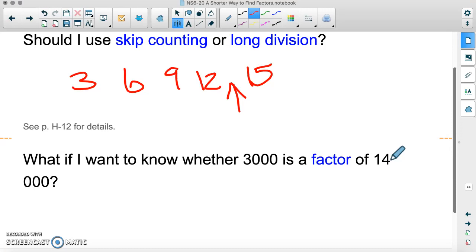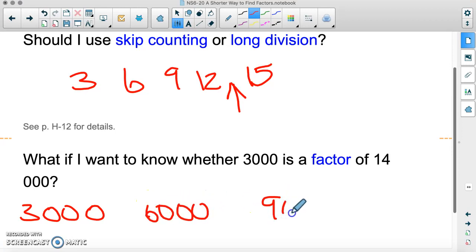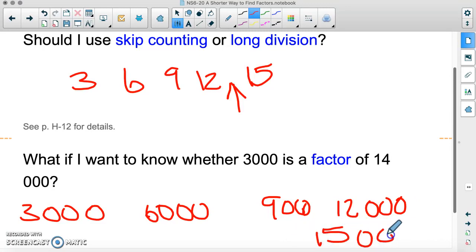So I would probably just skip count for this one rather than doing long division because I could just go 3,000, then 6,000, 9,000, sorry, those are zeros, 12,000, then I'm going to get 15,000. So is 3,000 a factor of 14,000? The answer is going to be no because it does not go in evenly.